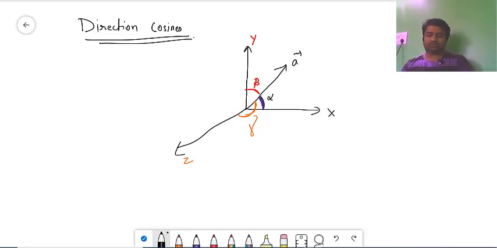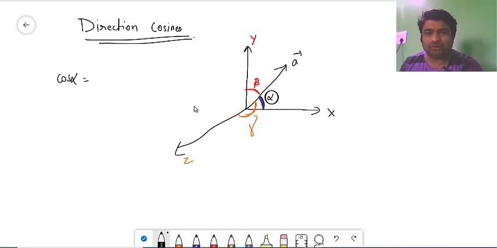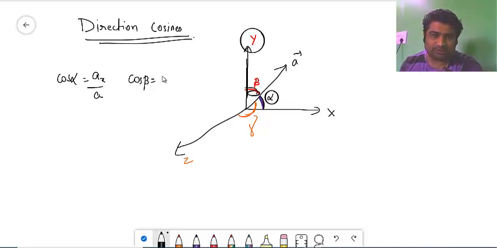Now they will ask you what is the direction cosine. So simply you have to write there, direction cosines are cos alpha equals ax upon a. Cos beta, beta is which one? Y part, so simply ay upon a.